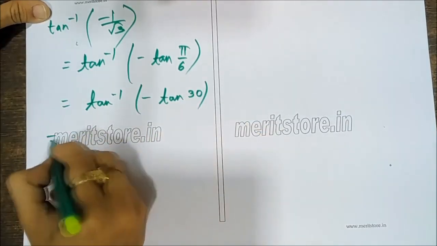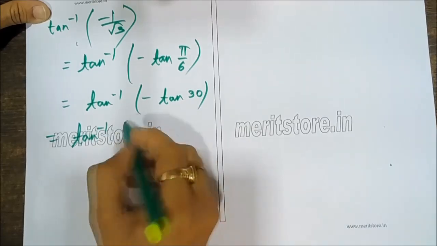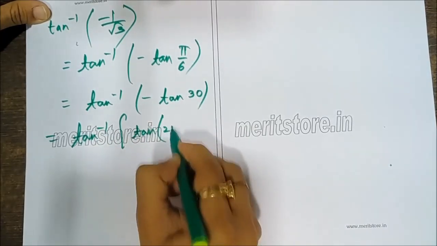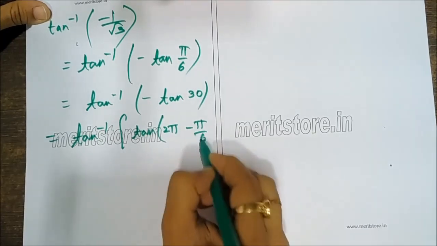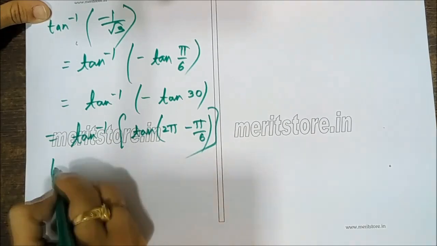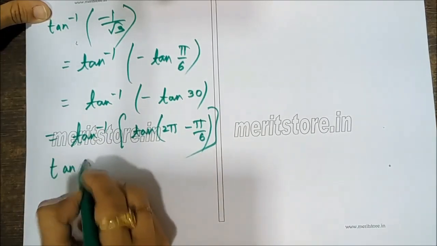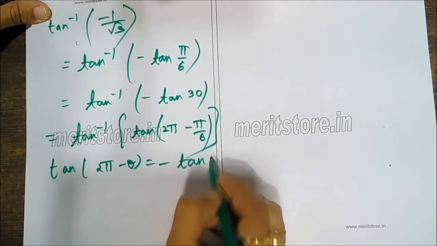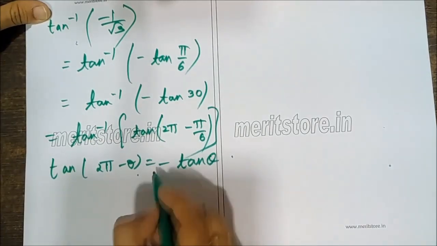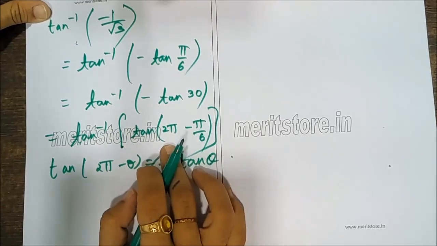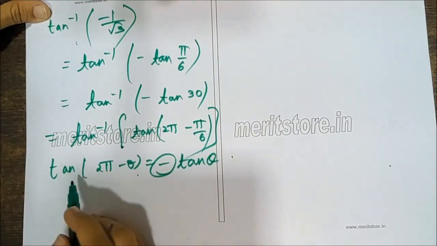Okay, after that tan inverse of tan 360 minus 30 will give me minus tan 30. So you have to remember your trigonometric functions which you have done. Tan of 2 pi minus theta is equal to minus tan theta, where you have to get this negative, and in tan it is possible for 2 pi minus theta.